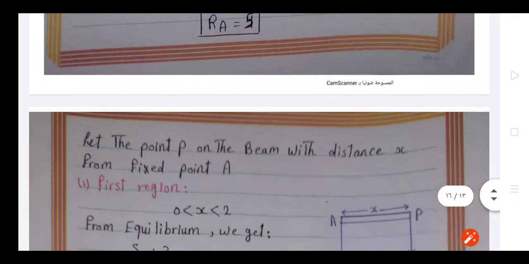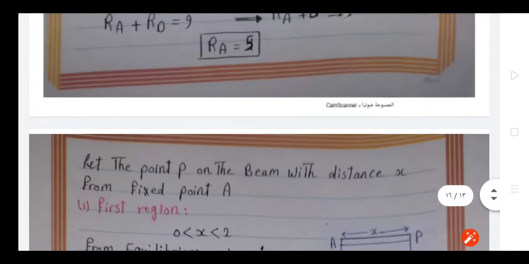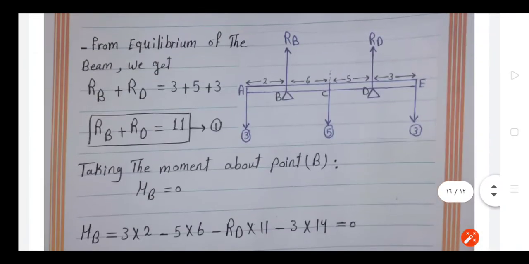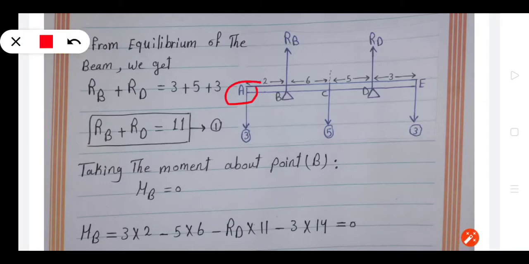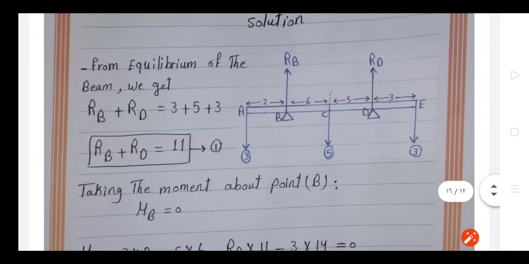Now we assume that we have a point at distance x from fixed point A. We assume that the point A is fixed. So for every part, we have a point at distance x from fixed point A, and the shearing stresses S1, S2, S3 are due to the number of regions. What is the number of regions in this example?